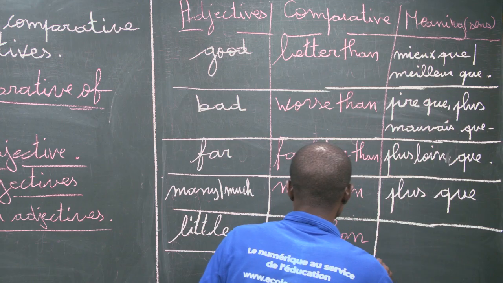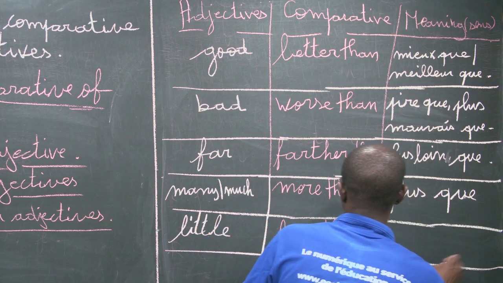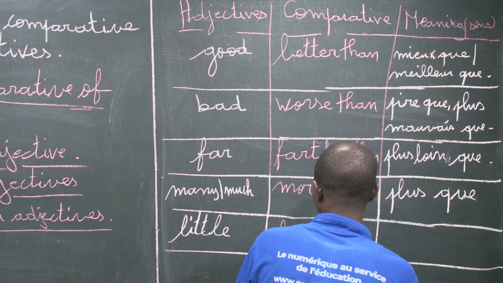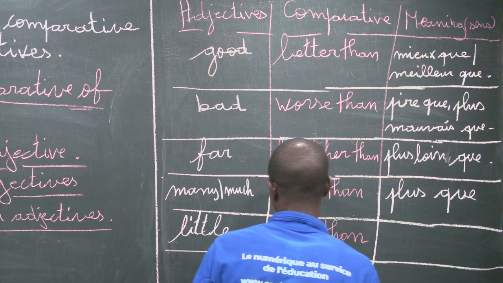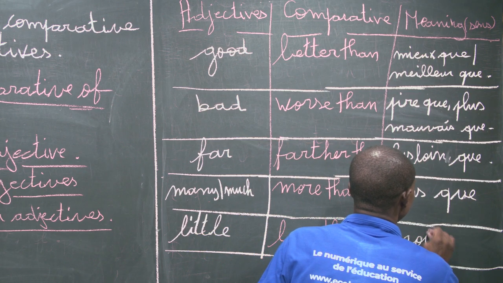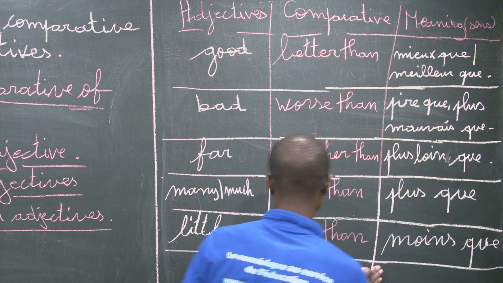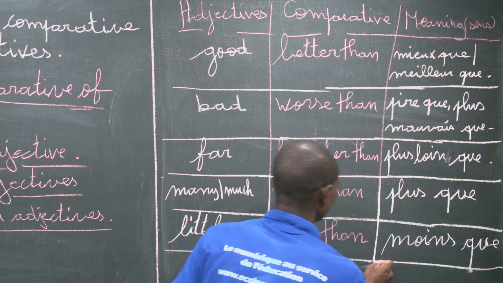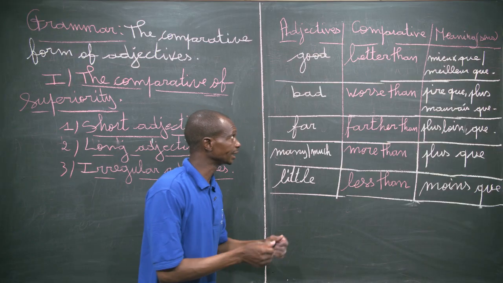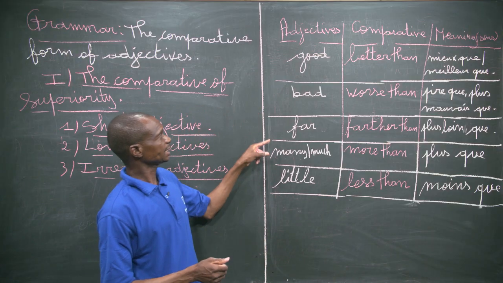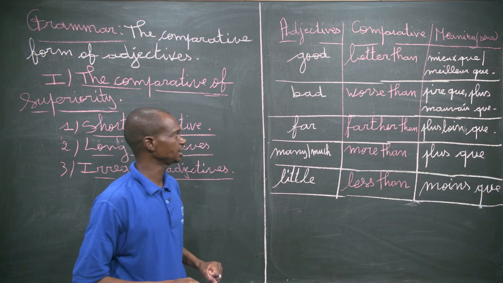Here inferiority, and the meaning in French is moins que. This is the list of the irregular adjectives with the comparatives.